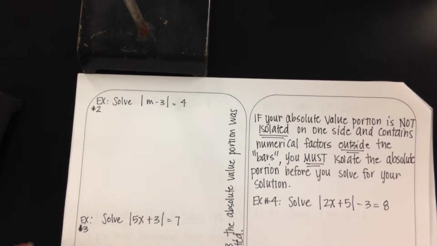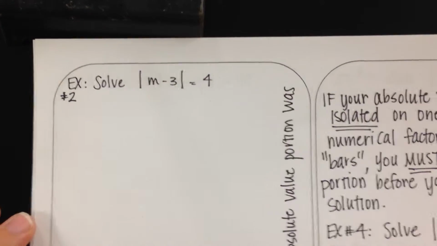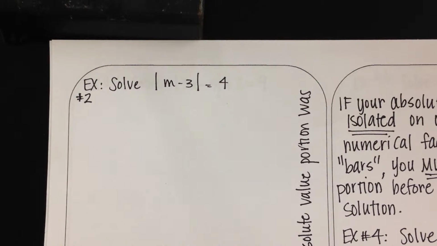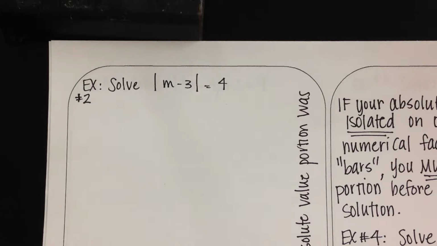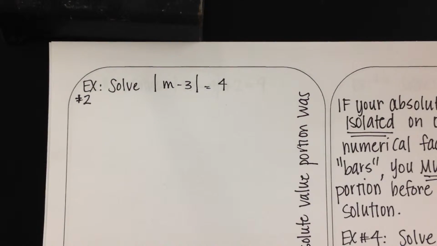Now, these next 2 examples, we're going to use the same theory that we just got done with, the positive and negative 6. However, if you'll notice, what's different about this type of equation is it's not just a single variable.